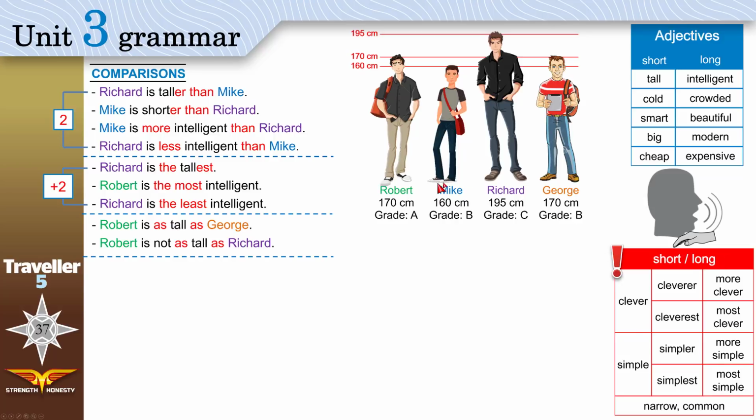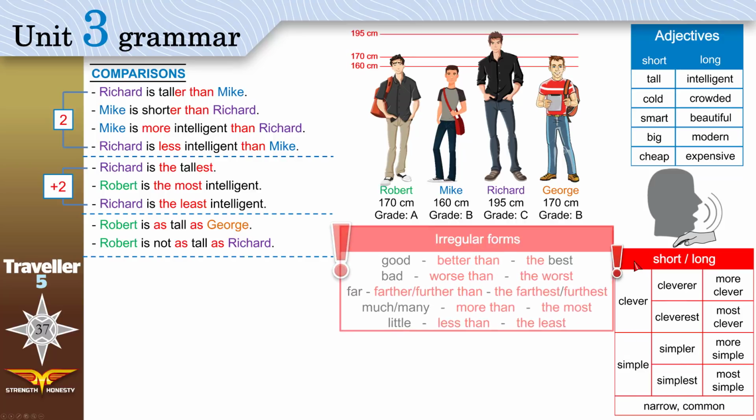You can say Mike is cleverer than Richard, or you can say Mike is more clever. Clever means smart. Simple, you can say simpler. English is simpler, or you can say more simple. Both are correct. Narrow, narrower. Common, commoner, or more common. So long or short, both are correct. Okay, only 4 adjectives. Okay, this is a new thing.